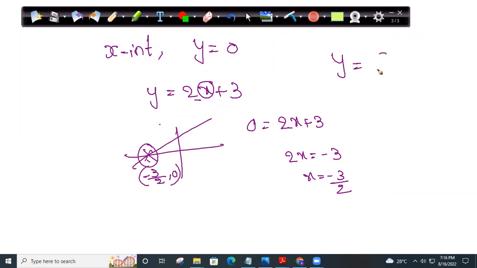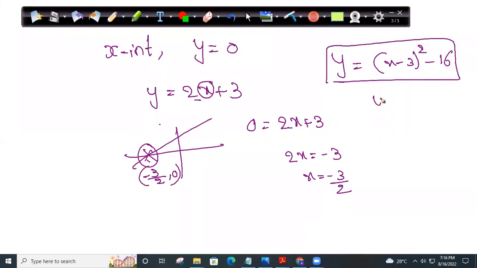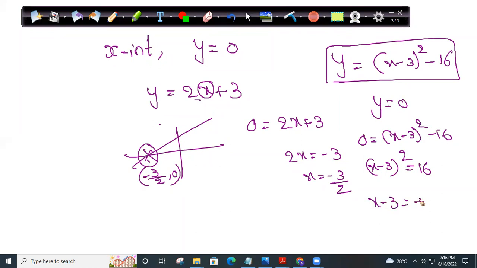Or if I have some other function, y is equal to (x minus 3) whole square minus 16. To find the x-intercept, put y equal to 0. 0 is equal to (x minus 3) whole square minus 16. So (x minus 3) whole square is equal to 16, and x minus 3 is plus or minus 4.